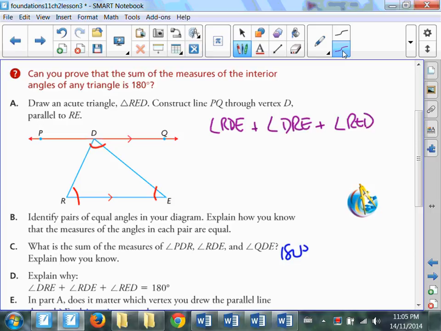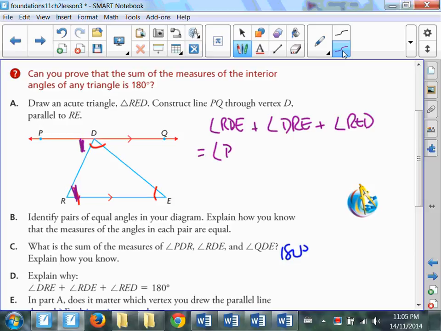Well, because we know that this is equal to, now we already said that, DRE, that's this angle here, is going to equal this angle here, which is PDR.